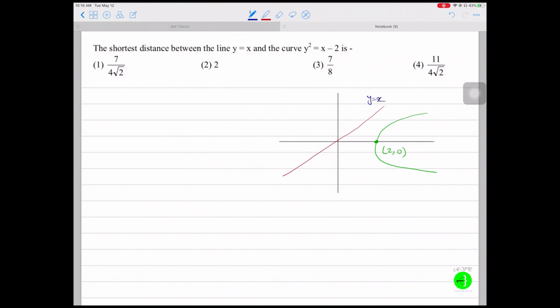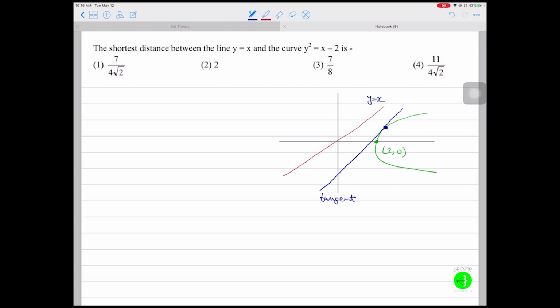Now, we have one small concept from the application of derivatives: the point on the parabola that is shortest to the line, if it was something like this over here, then the tangent and this line would be parallel. The drawing is not so clear, but this is a concept from application of derivatives, and if you want to know the proof, please let me know.